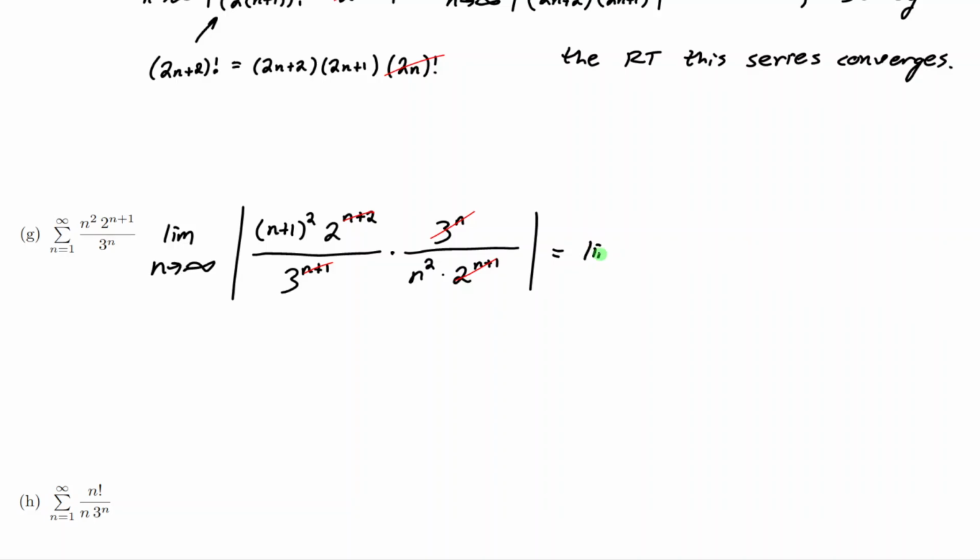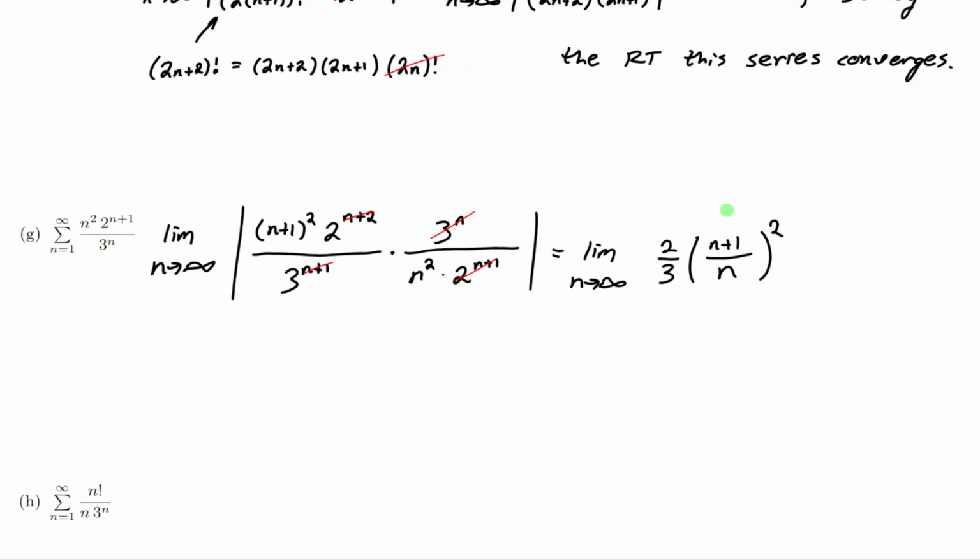That's going to lead us to a limit as n goes to infinity of the absolute value. We're going to have our n plus 1, and in this case I can also drop the absolute value because everything's already positive to begin with. Let's see, our constant terms, let me write those down first. I'm going to get 2/3 there. We're going to have n plus 1 divided by n, and that's going to be squared.